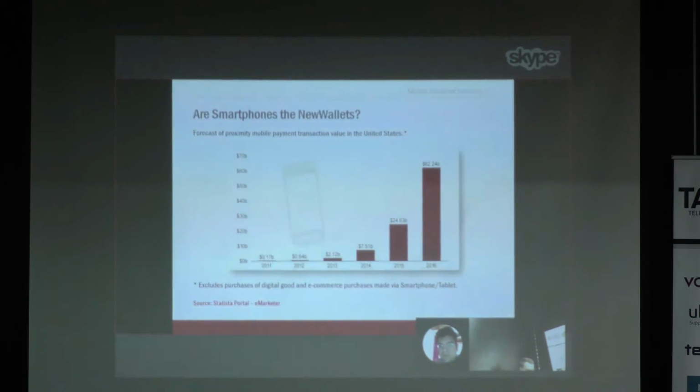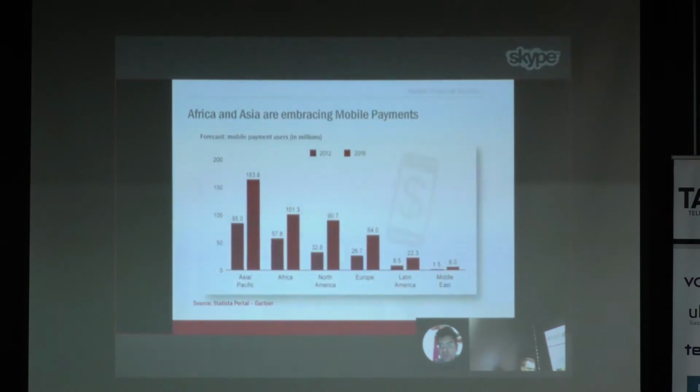Amazon is bringing their own solution, and PayPal, they have their own mobile payment solutions, right? So we've seen the growth, and there is a growing market on this type of transactions. Africa and Asia are highly embracing the mobile payments, right? They're becoming more and more popular in this coming years.